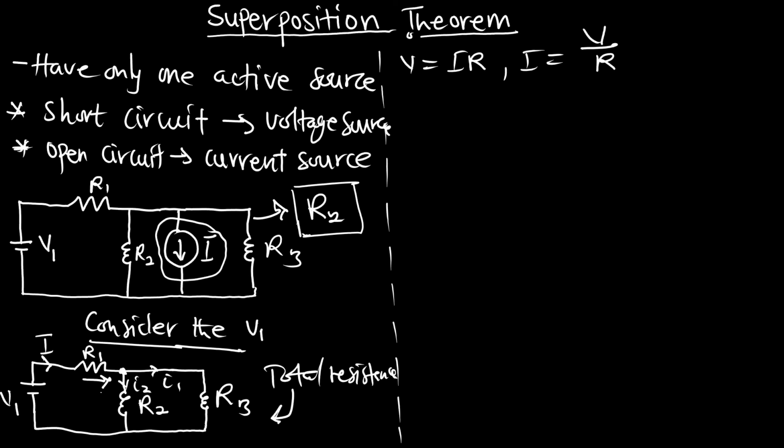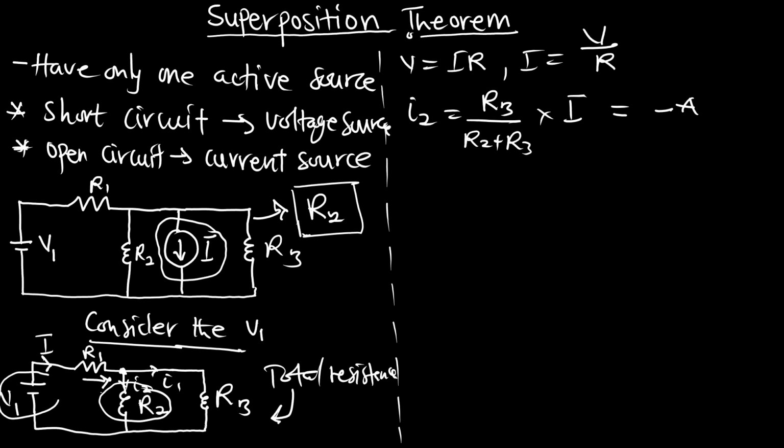And by the current divider rule, if we are finding current through the resistor 2, I2 will be R3 over R2 plus R3 times the current I. And with this, we are going to get I2 as something amperes. And this is the current passing through R2 when the voltage source is acting alone.